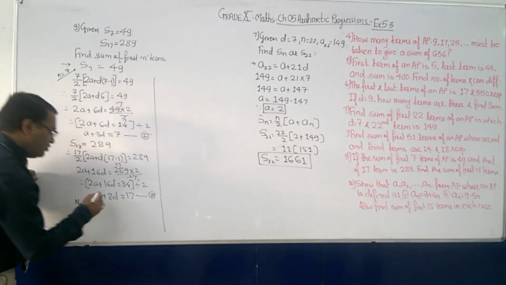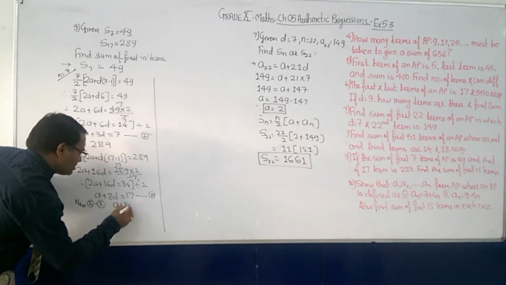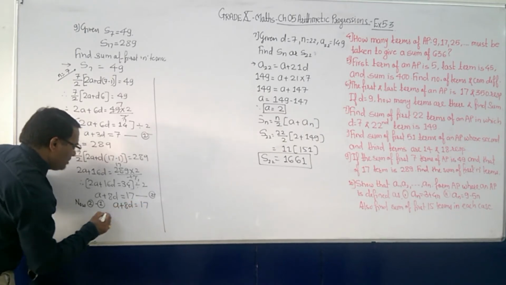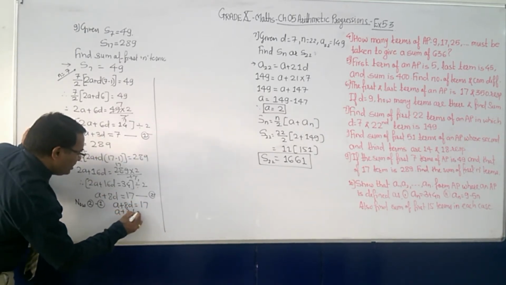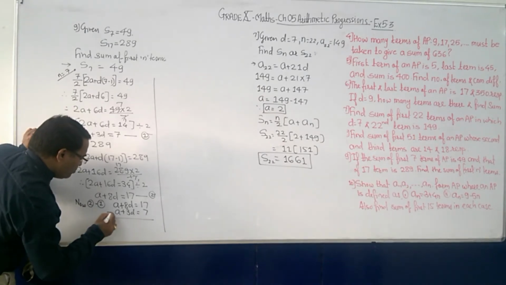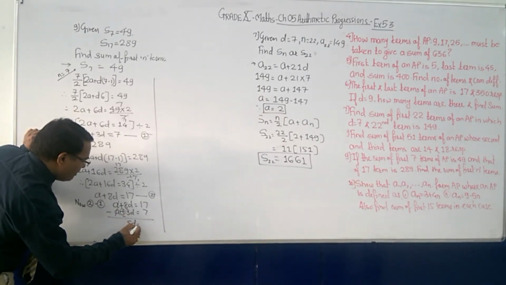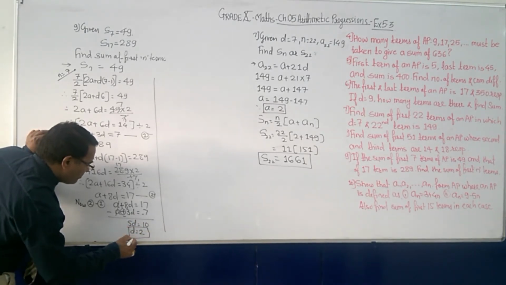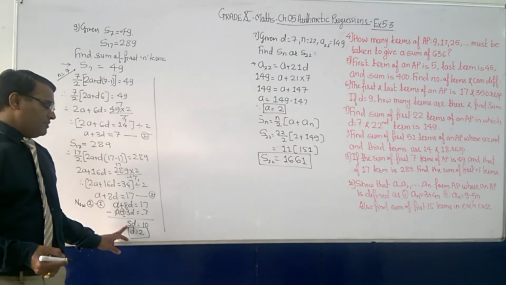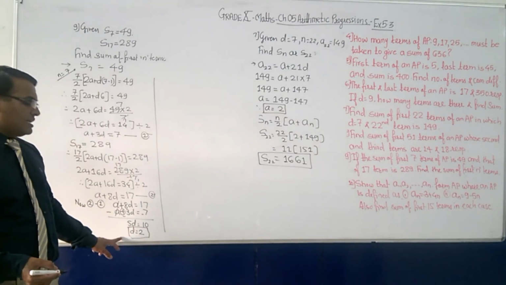Equation 2 is a plus 8d equal to 17, and equation 1 is a plus 3d equal to 7. If you subtract, the a will get cancelled. 8d minus 3d is 5d, 17 minus 7 is 10. So d is equal to 2, because 10 divided by 5 is 2. Now d is equal to 2.